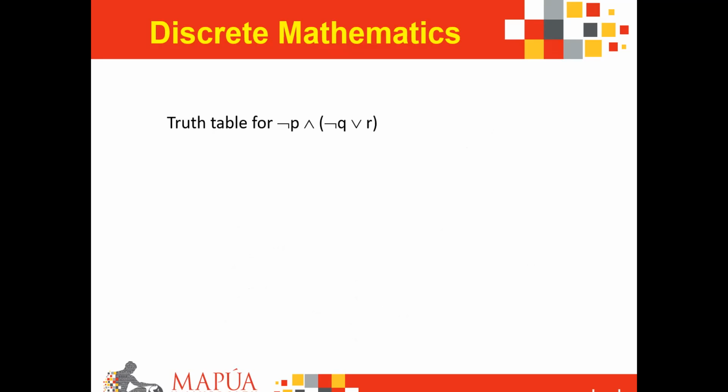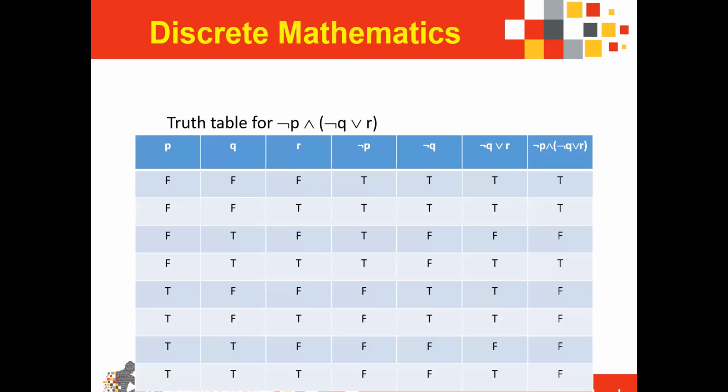In order to evaluate how it works, we simply evaluate its truth table, displaying all the possible outcomes for any possible values of P, Q, and R on your given propositional expression.